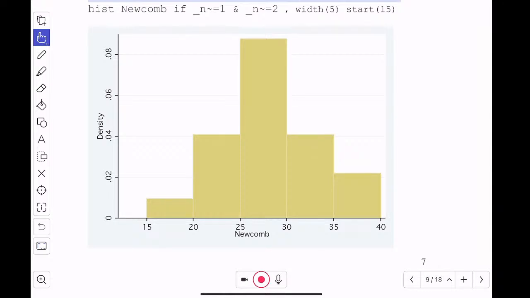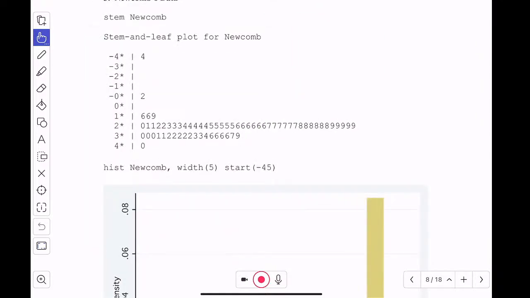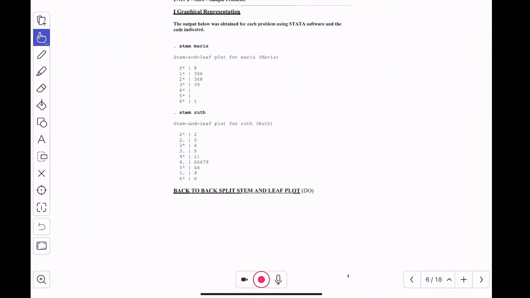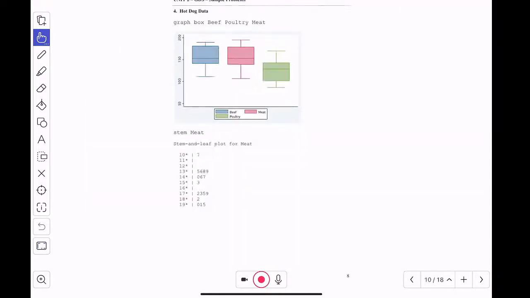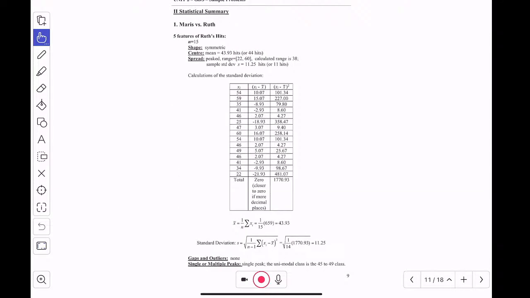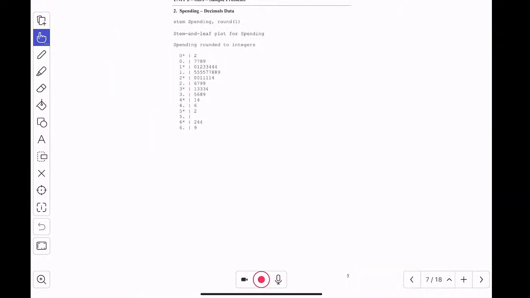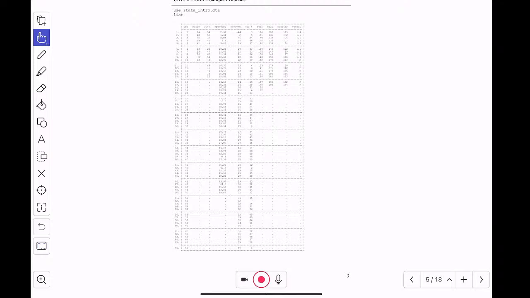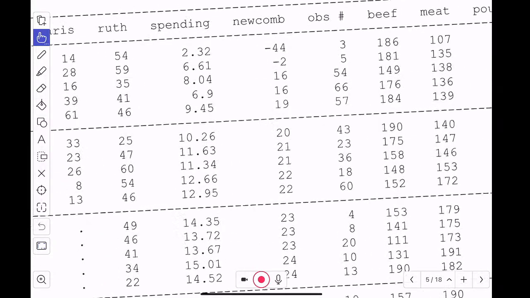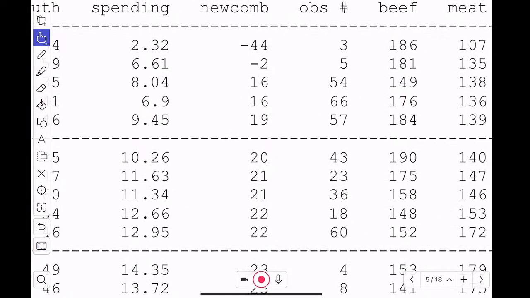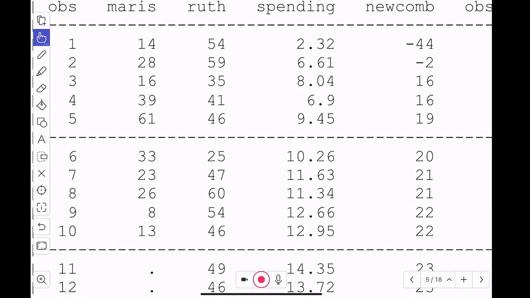All right, so we want to make this histogram together. The way we do that is going back to the data that's listed over here. I'll make it as big as possible. This is the Newcomb data. We already dealt with this data set.